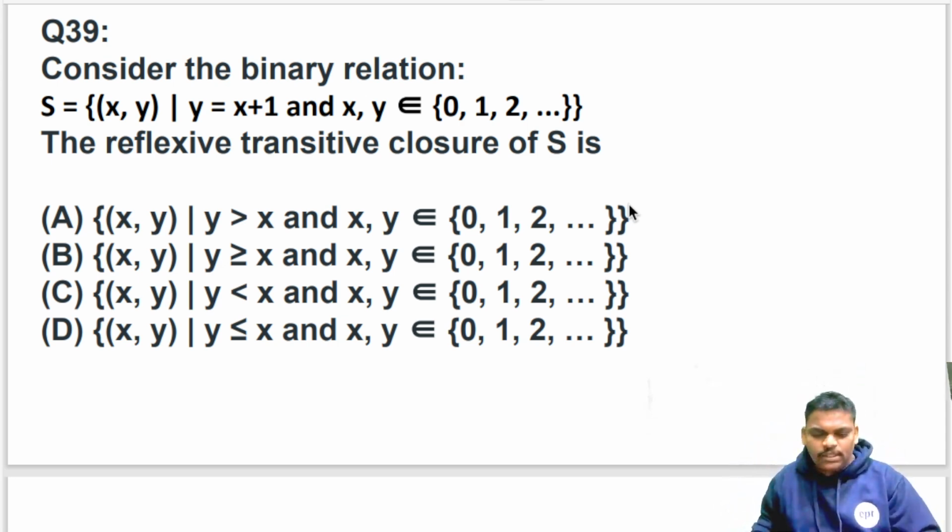If you take x as 1, y is 2. If you take x as 2, y is 3. But let us assume only 0, 1, 2, 3 is not available, so you can close it. S is equal to (0, 1), (1, 2). x is 0 means y is 1, x is 1 means y is 2. So S is confirmed now.